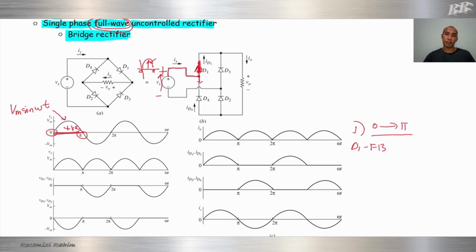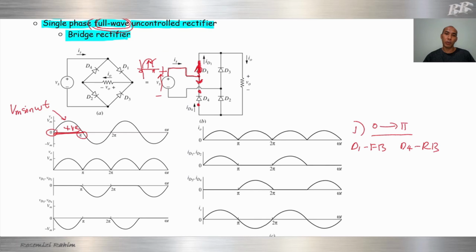For D4, the arrow of the current and the arrow of the diode are opposite, which means D4 will be reverse biased, or open circuit.